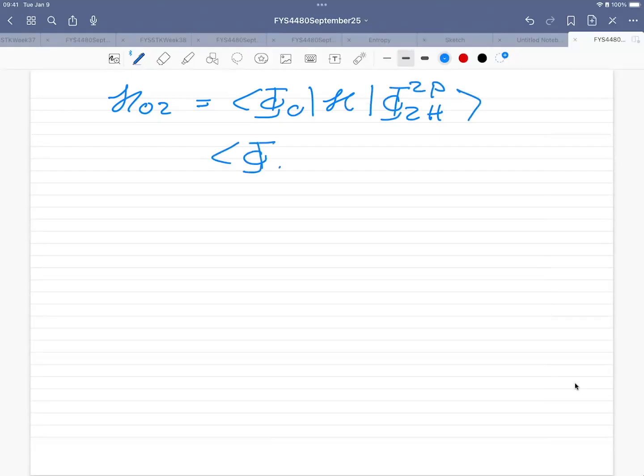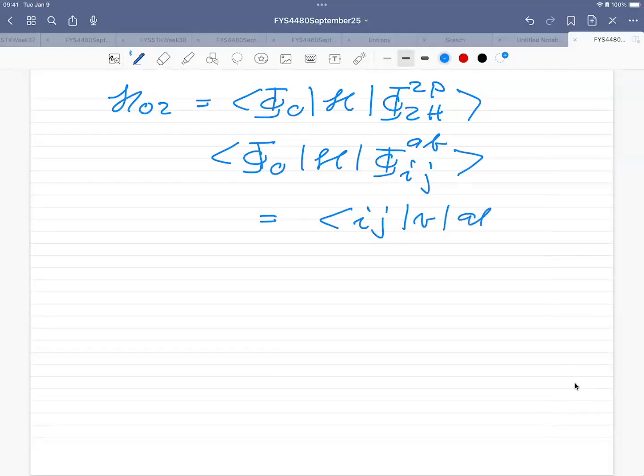So if we take a specific example of a two-particle, two-hole state with the two holes from single particle states I and J, and two particles in states A and B, so this is a two-particle, two-hole state, this is something which we also could calculate. And this was given by the integral AB, J, and we can put anti-symmetrized here, just to remind you that these are anti-symmetrized terms. So this is also something which we could look up.